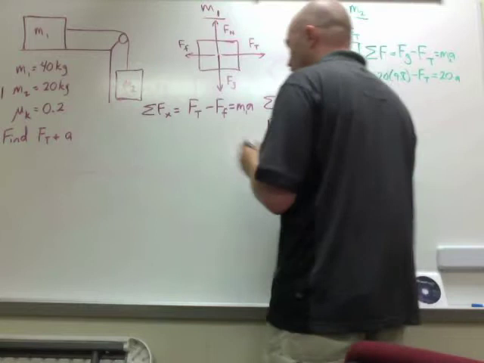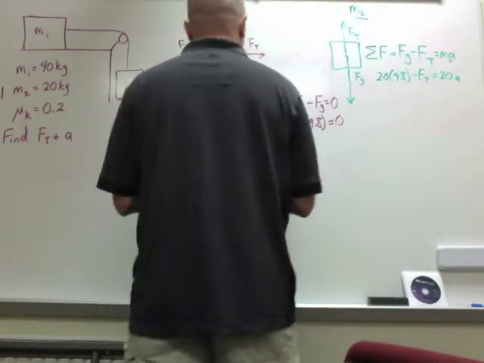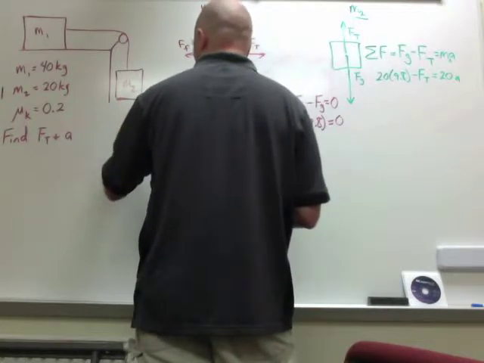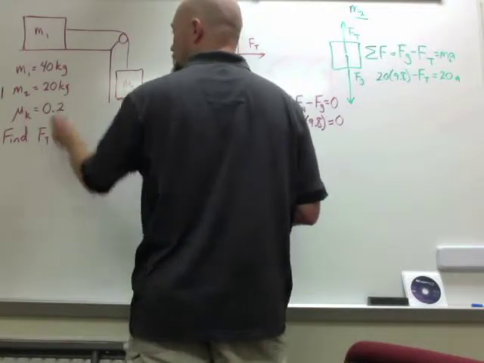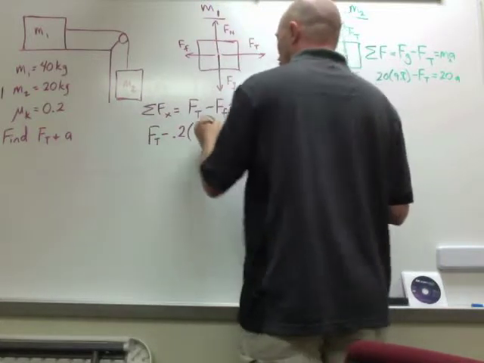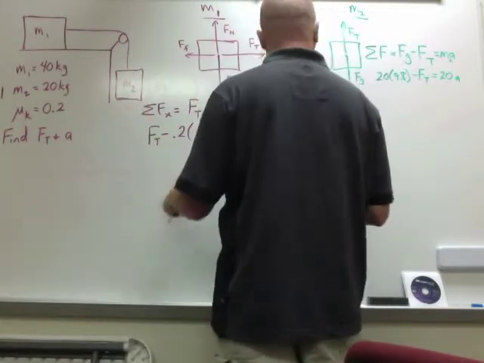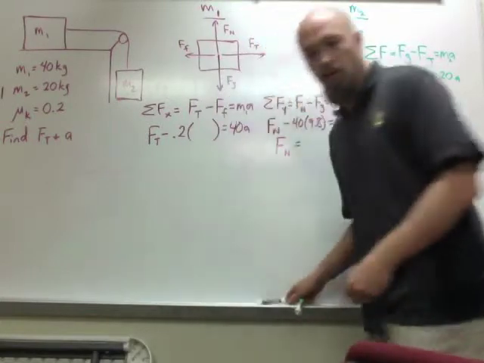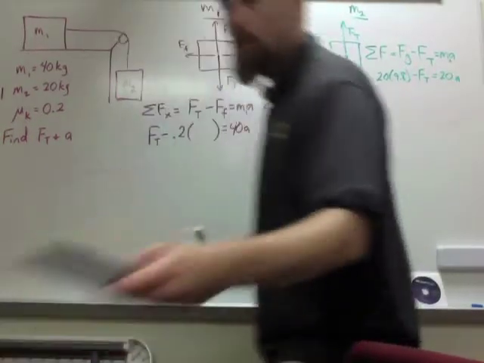So my Fn equals, I'll do the math in a minute. And then here I'm going to get Ft minus 0.2 times whatever I get there equals 40 times A.